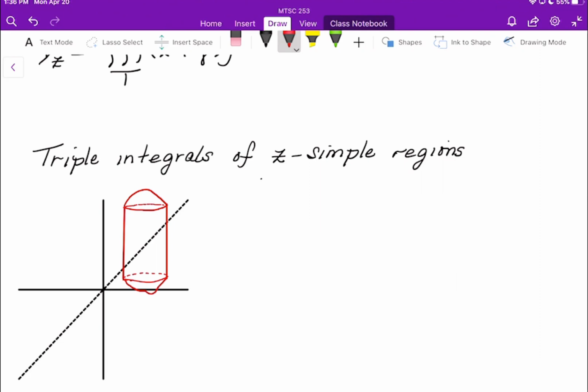Okay. So this region is going to be Z simple.